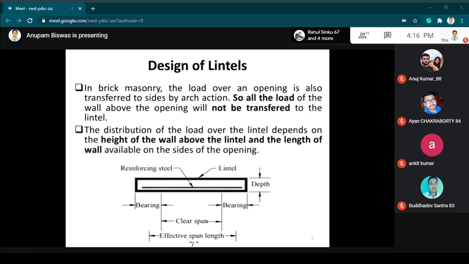Clear span is the distance of the opening of the door or window, and effective span is the distance from the center of one bearing to the center of the other bearing. Understood, I hope.